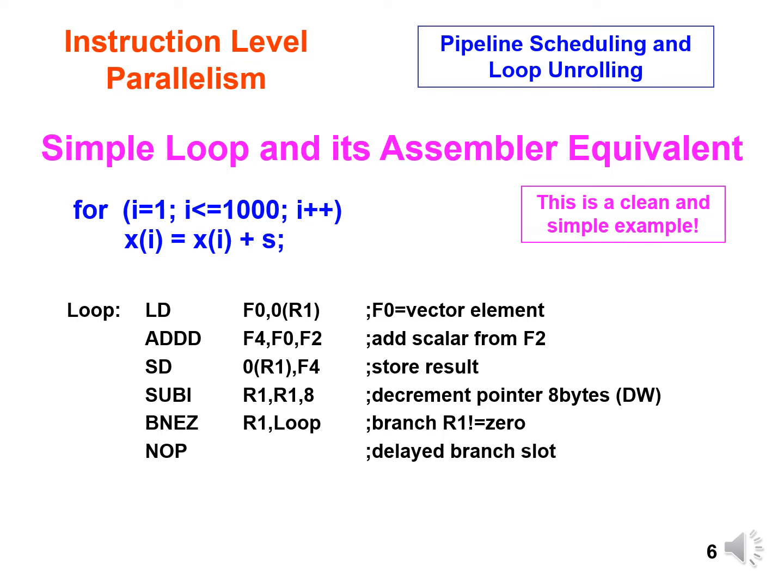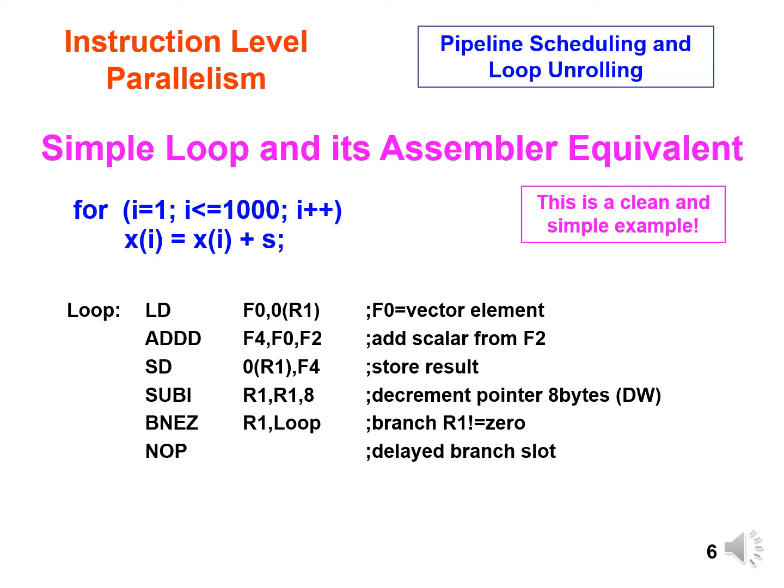So the equivalent MIPS code, that means the assembler code for the for loop, is: first we have to load the value, 0 of R1 to F0, which means the address in R1 to F0. Next we are going to add F0 and F2.